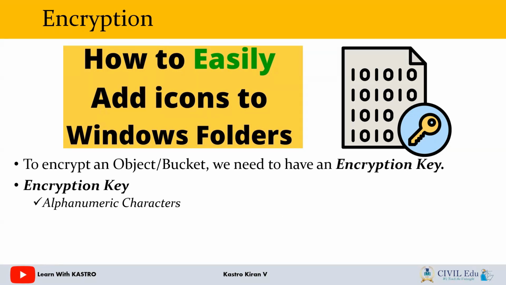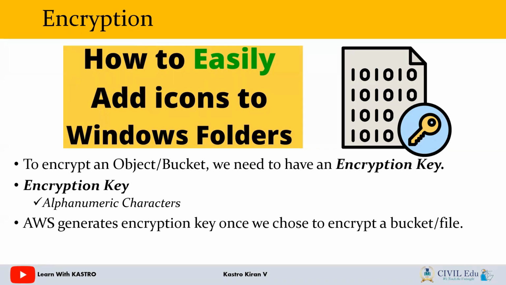Now here, AWS provides the facility of generating this encryption key when we choose or when we ask AWS to create the encryption key for a bucket or to an object. So that is about encryption. To keep it simple, encryption is nothing but conversion of human understandable language to non-understandable language in the form of alphanumeric characters is known as encryption.